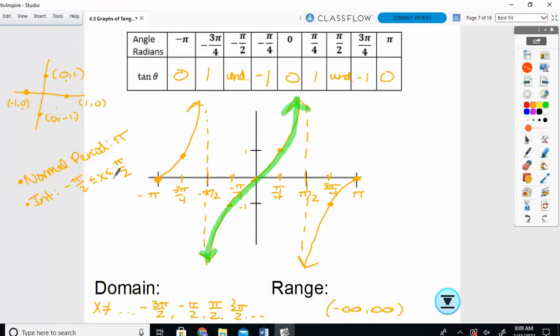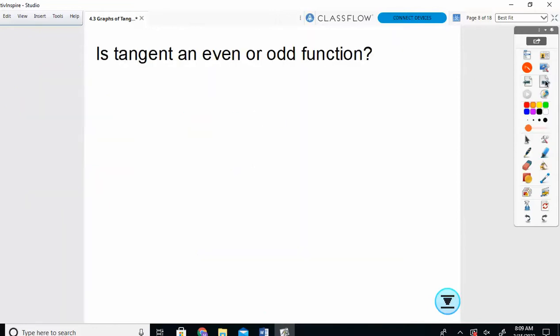Is this an even or an odd function? Remember we talked about that with sine and cosine. Even meant symmetric to the y-axis, and odd was symmetric to the origin. What would this one be? Odd. It's not symmetric to the y. This is an odd function, symmetric to the origin.